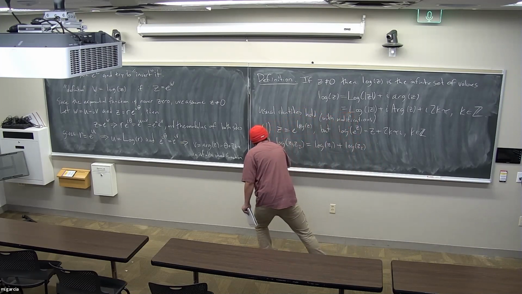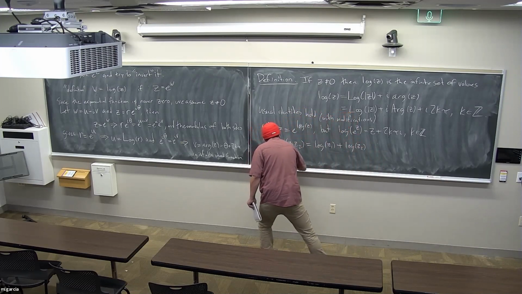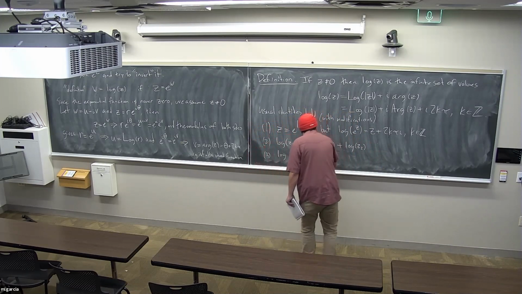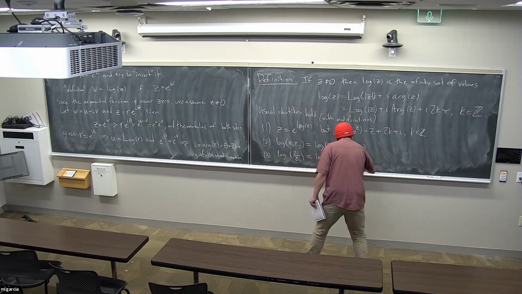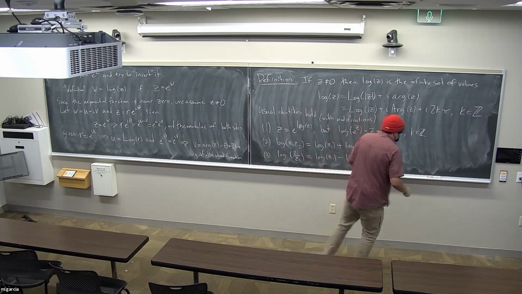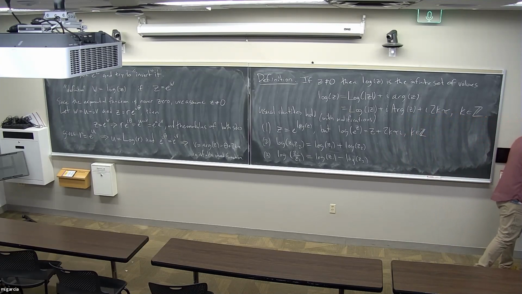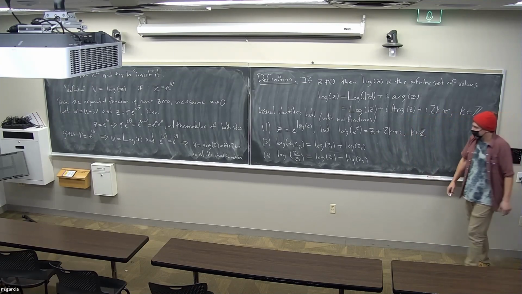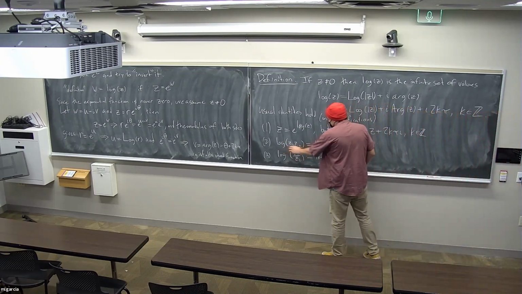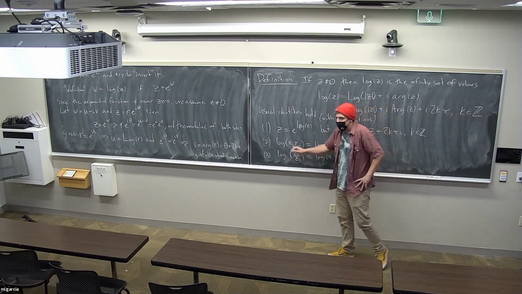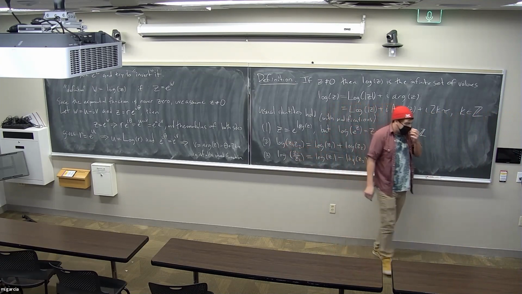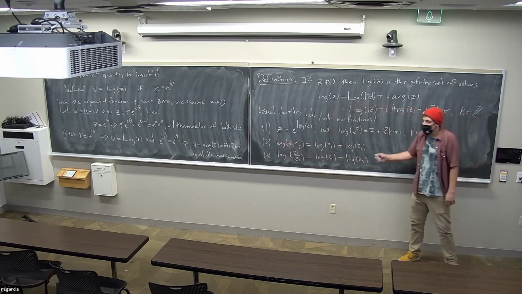Okay, and log of z1 over z2 is equal to log of z1 minus log of z2. Okay, now there's 3 quantities here. Or rather, I should say, we're applying the function lowercase log 3 times. And each time it's infinitely valued. What do I even mean by writing this equality?